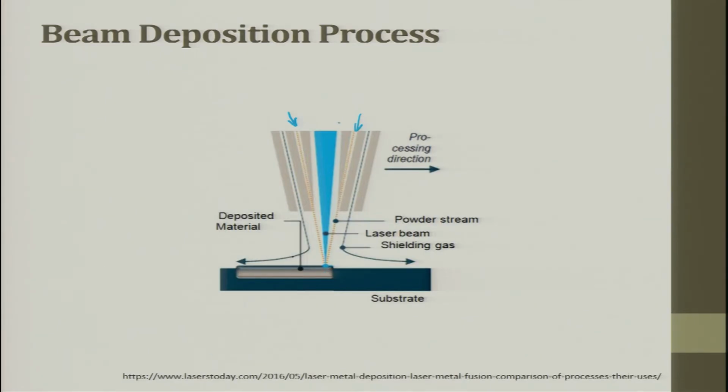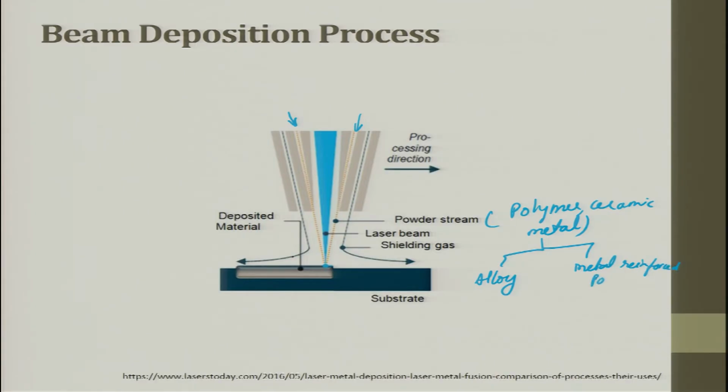So, the powder coming from this can be polymer, it can be ceramic, it can be metal. And when we talk about metal, it can be alloyed metal, or it can also be a metal reinforced powder. So, this can come through and hit at the laser tip and start melting.